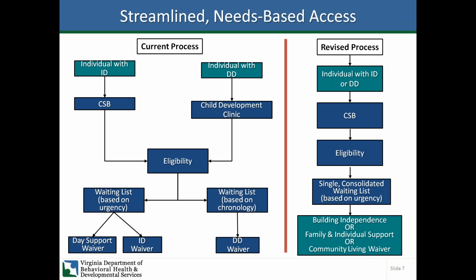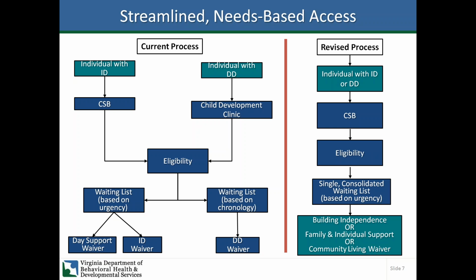If an individual has an intellectual disability, they go through the CSB for eligibility determination and are then placed on an urgency-based waiting list, and they may receive the day support waiver or the intellectual disability waiver. Those with non-ID developmental disabilities are screened through the Child Development Clinic and are placed on a waiting list based on chronology and then have access only to the DD waiver.